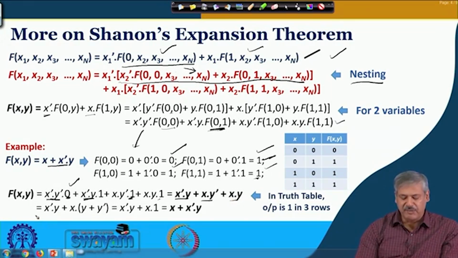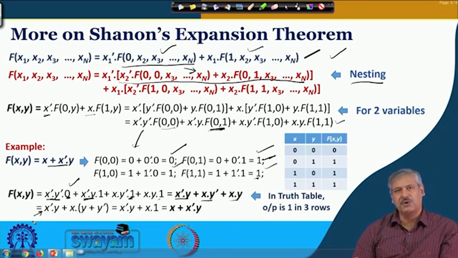Okay, you can further simplify it. We are not talking about simplification over here. We are just saying that this is the way you can represent up to this level. If you go on expanding it to that level, and then if you just take this x prime y, and you can take x out and y plus y prime, from the complement postulate, complementarity, we can see that this is 1.